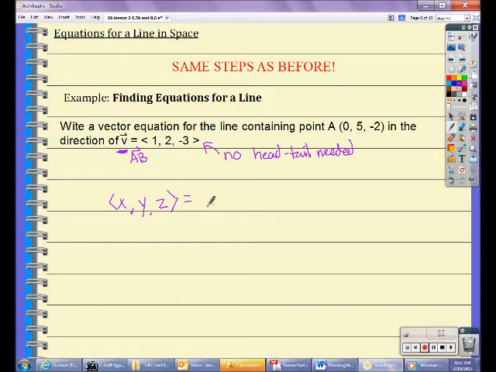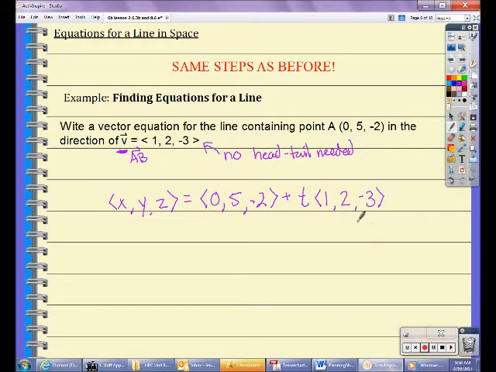Same idea as before. Start with your initial vector, 0, 5, negative 2, because it's going from 0, 0, 0 to 0, 5, negative 2, plus t, our scalar, times the direction vector, and yay! They gave it to us. 1, 2, negative 3.